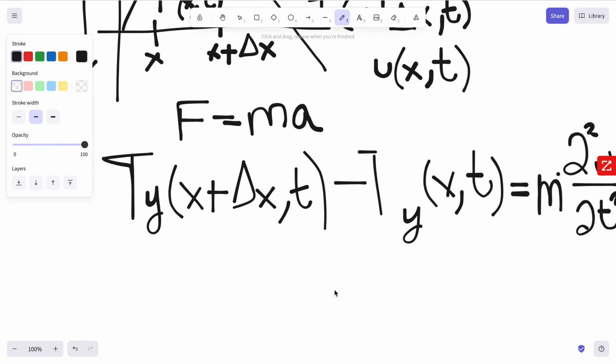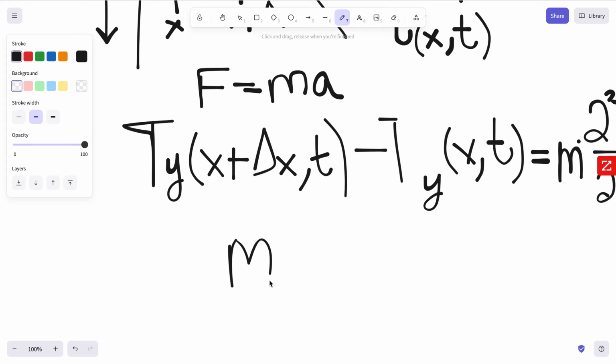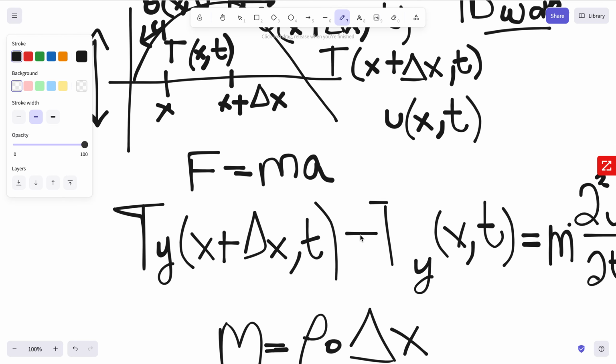Now, mass can be rewritten as whatever the mass density is, we'll call it rho naught, times the length of the string, which we'll call change in x.